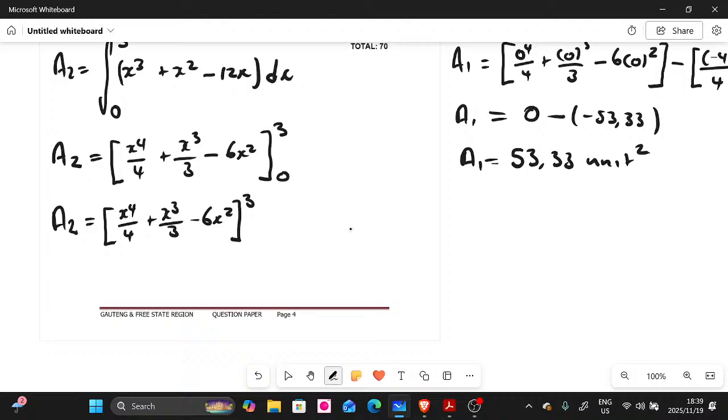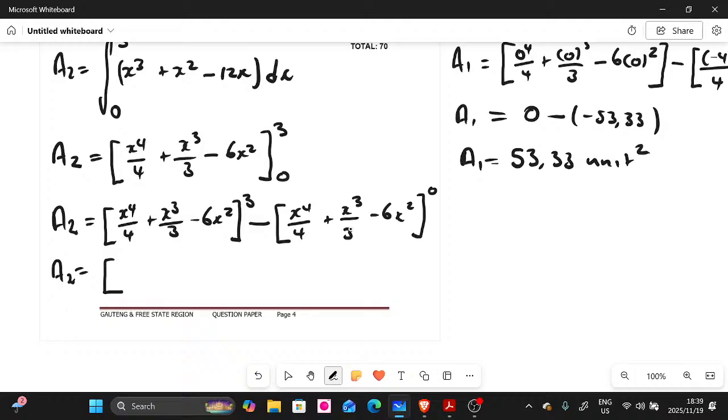This is going to be for the upper limit, minus bracket number 2, which is for the lower limit: x to the power of 4 divided by 4 plus x to the power of 3 divided by 3 minus 6x squared. Now all you have to do is substitute.